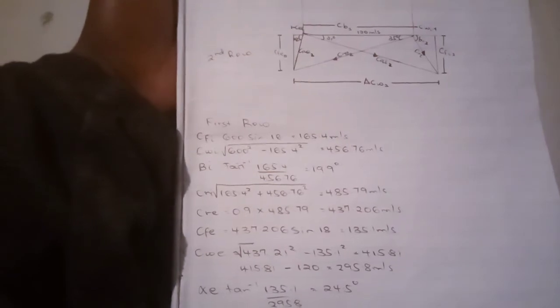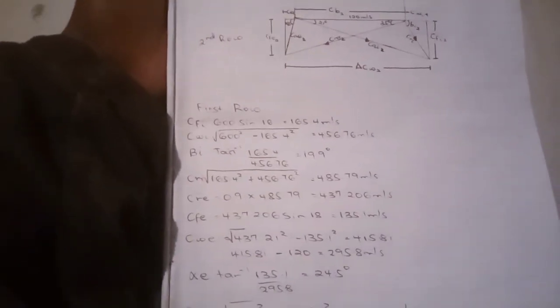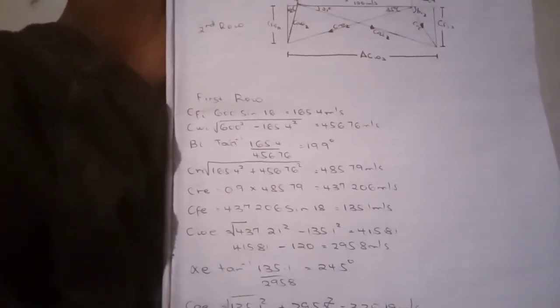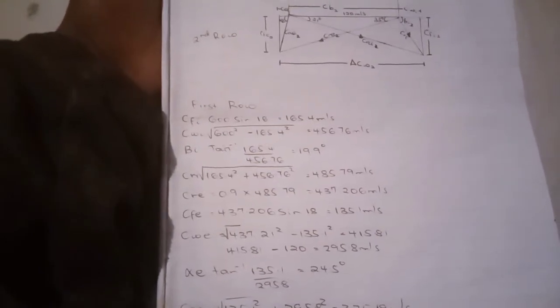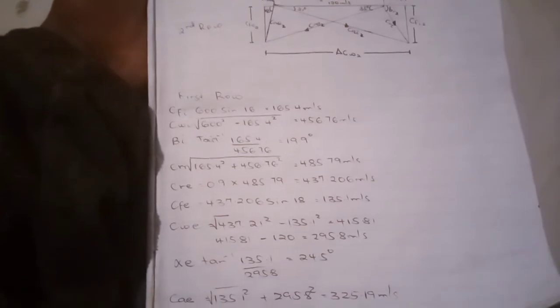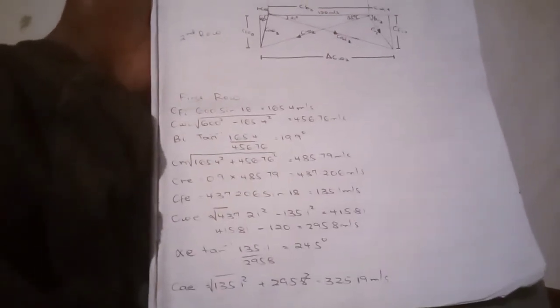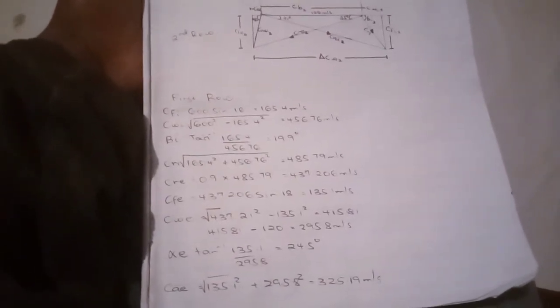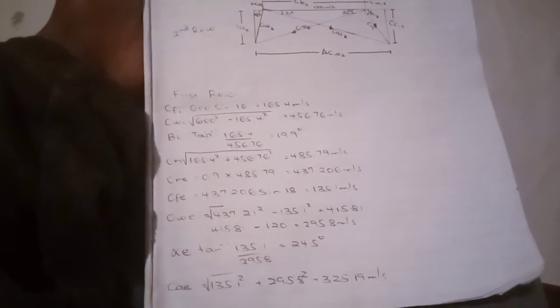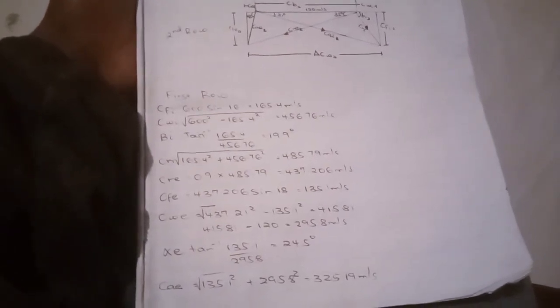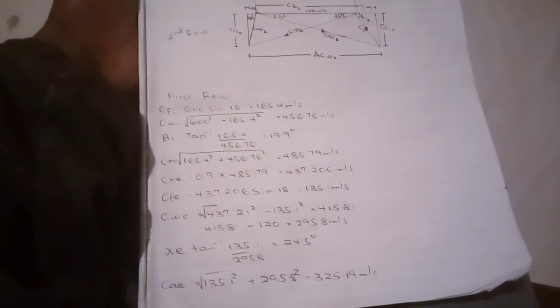In the first row equations, we're going to start by getting the axial velocity at the inlet of the first row. That is 600 sin 16, which is 165.4 meters per second. To get the change of driving force in the first row, we get 456.76.